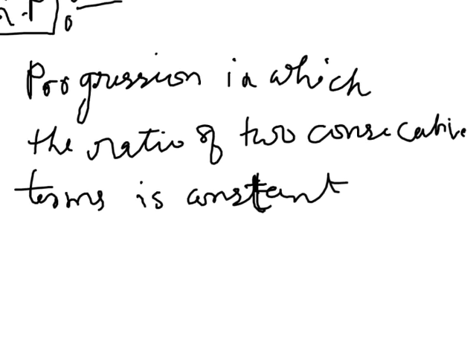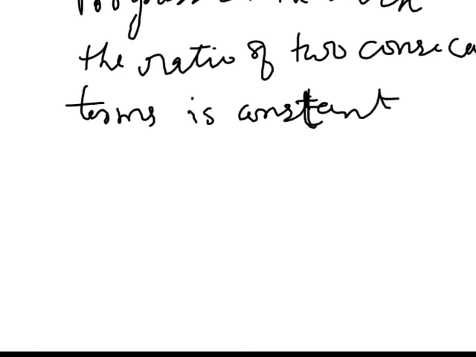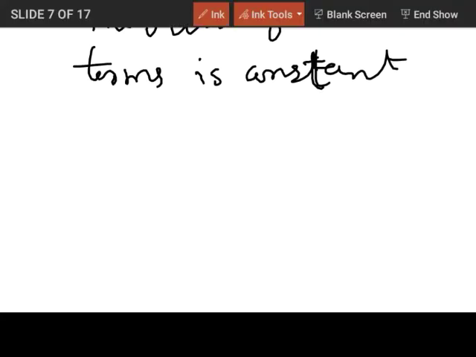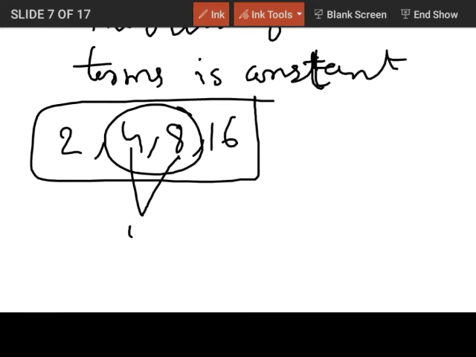So geometric progression is a progression in which the ratio between two consecutive terms is always constant. For example, in this sequence, let's take the ratio of any two consecutive terms, which is 2, right? 8 by 4 is 2.